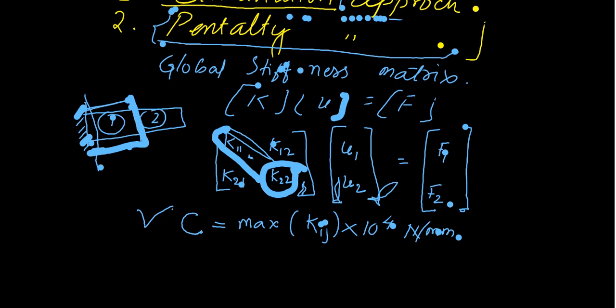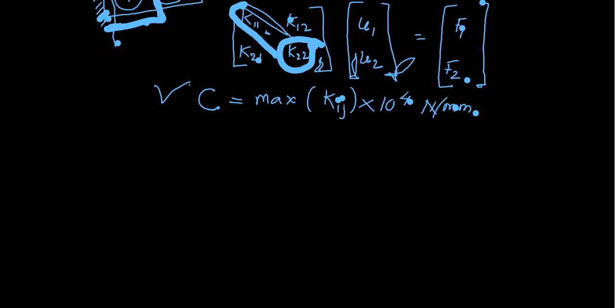Now the second step goes to the element stiffness matrix, which should be modified. As you can see in the figure, node 1 is fixed, meaning the left end is fixed.